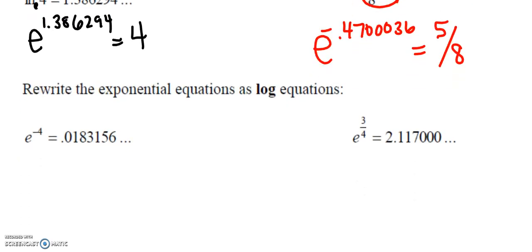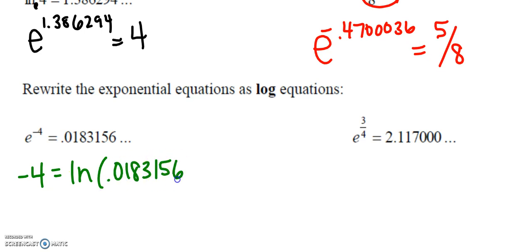All right, so here we need to rewrite these as log equations. So thinking about how I could undo this, that means that negative 4, my power, is equal to the natural log of 0.0183156, because if I go backwards, e raised to the negative 4 gets me back to 0.0183156.